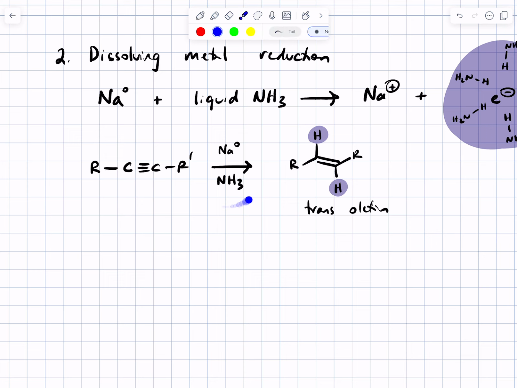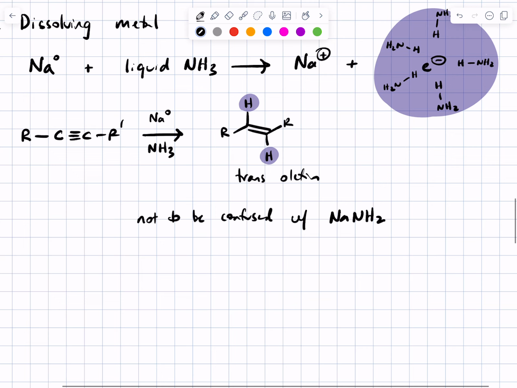People mix this reagent up all the time. With NaNH2. And that's not the dissolving metal reduction. That's just a really strong base that we've used before when converting 1,2-dibromides into alkynes.